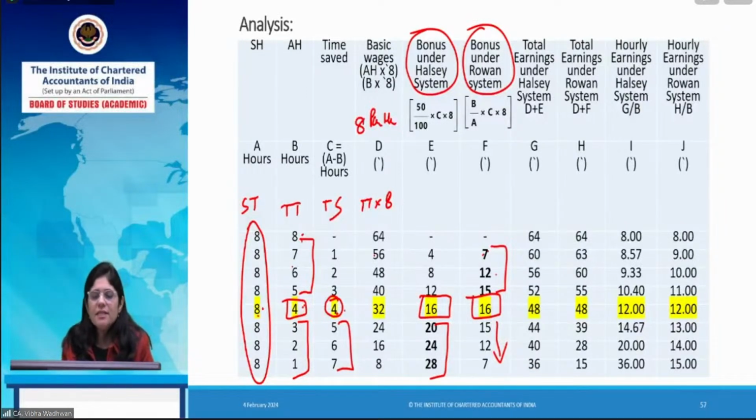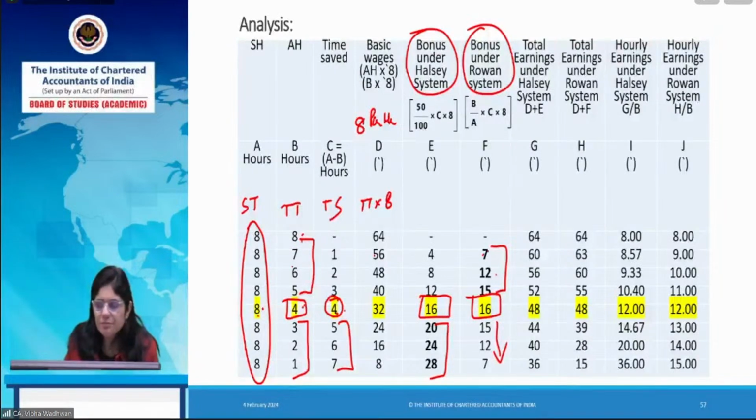So this analysis is very useful, and you can take any other combination and try on your own. Take any standard time and time taken of your choice. Do the combinations and then make your own analysis, and you will understand it better. All right. So I think this is helpful to you, and this will clear your concepts.